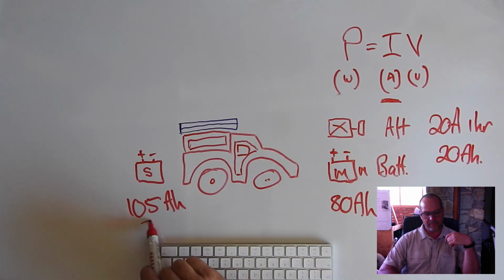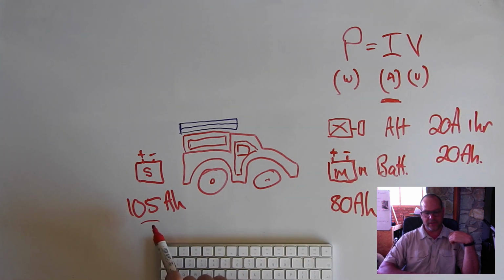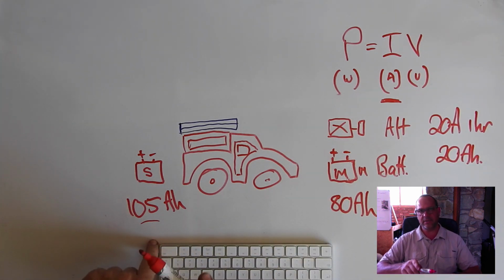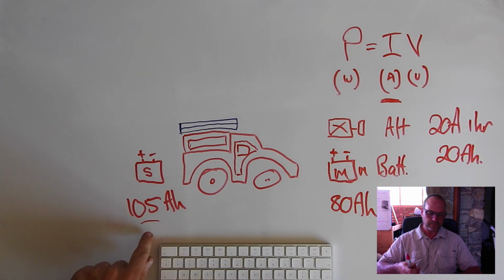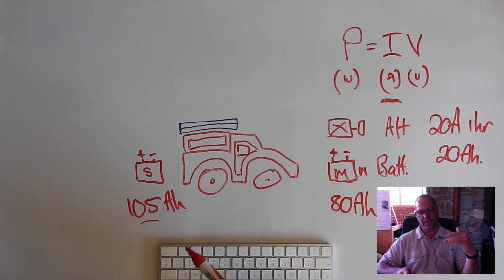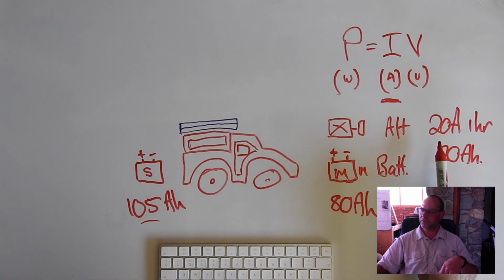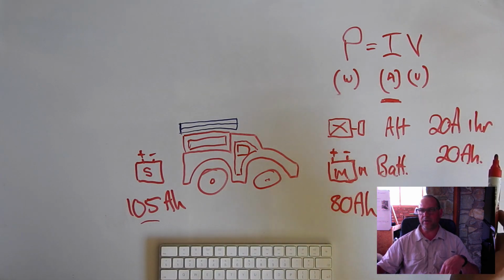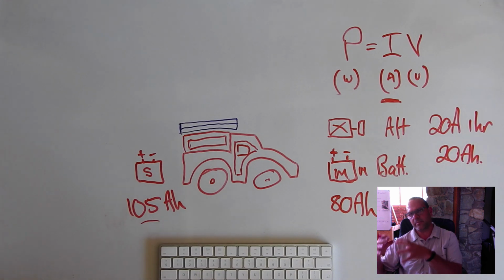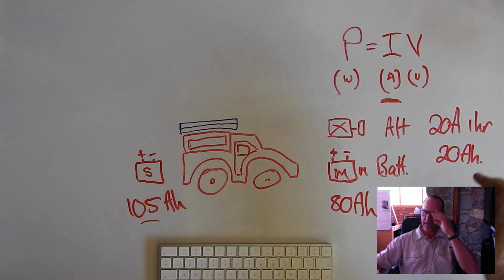So on a 105, if I draw 20 amps, and the 105 is full, it means I can drop 20 amp hours for 2 hours to get down to 60 amp hours, which is 60% full, and that's the limit. No further on a normal lead acid battery. So I can do two 20 amp hour stints, packages, to drain this battery down to 60%. Now, how do I get that?